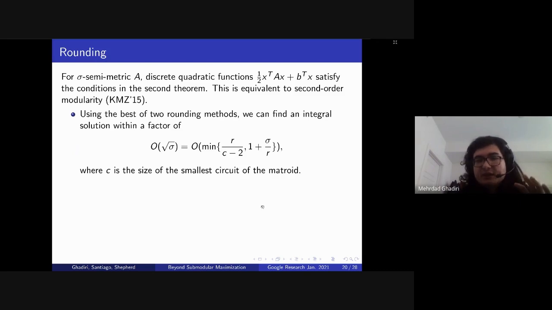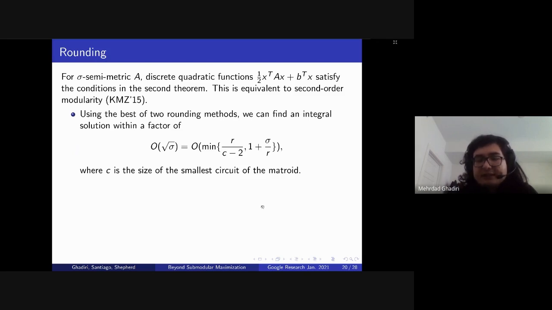In terms of graphic matroids, which are the family of forests of a graph, R is the number of edges of a spanning forest, and C is the size of the smallest cycle of the graph. One of our rounding methods gives us a gap of R over C minus 2, and the other one gives us a gap of 1 plus sigma over R.